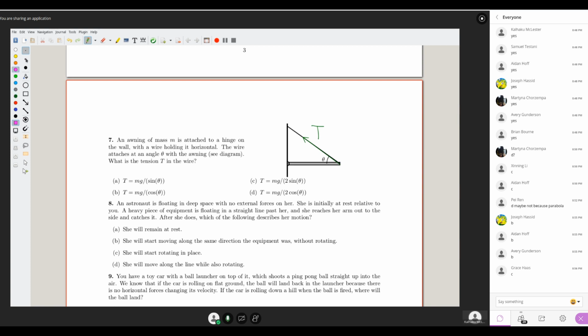I also have a force due to gravity here, that's the weight of the beam. To calculate the tension in the wire, I just calculate the sum of the torques around some point and set it to 0. Now there's also going to be some force here at the hinge, but we will choose our pivot here, so that one applies no torque.